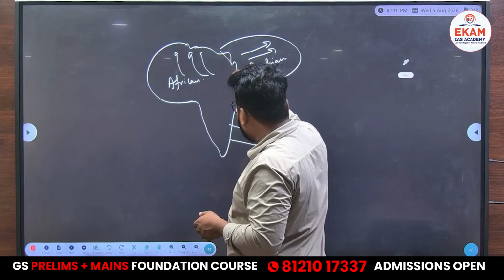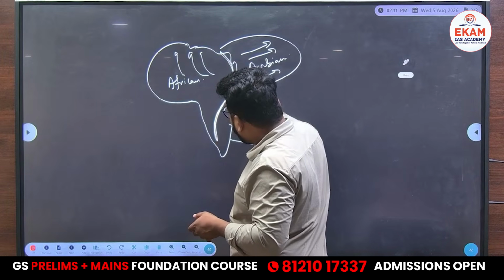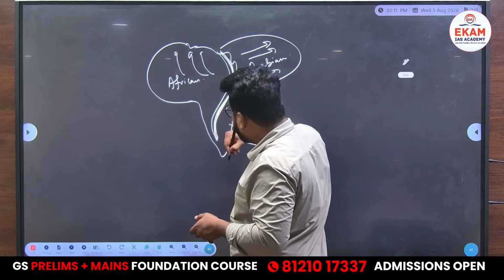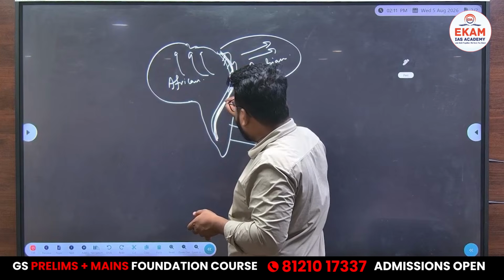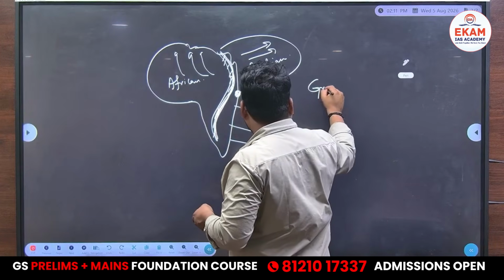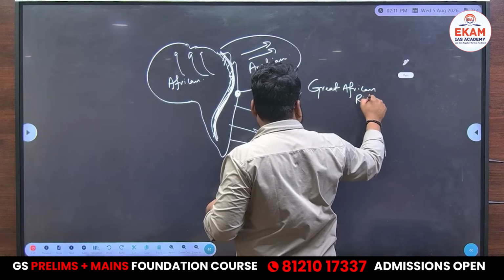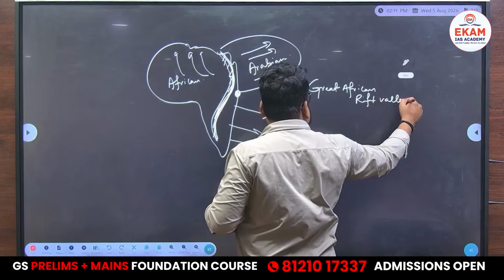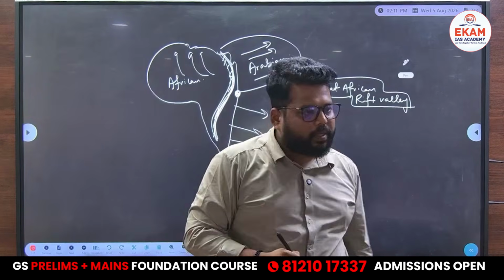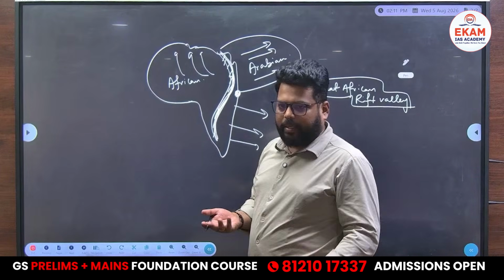So what would happen in between these three plates? Cracking of the crust, faulting of the crust, rift valley formation, which we call Great African Rift Valley.